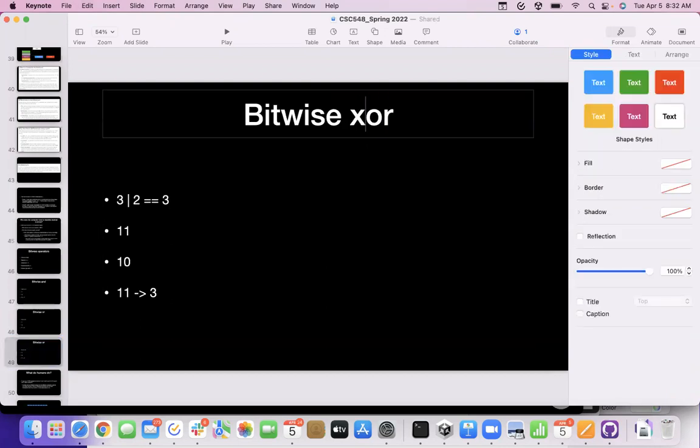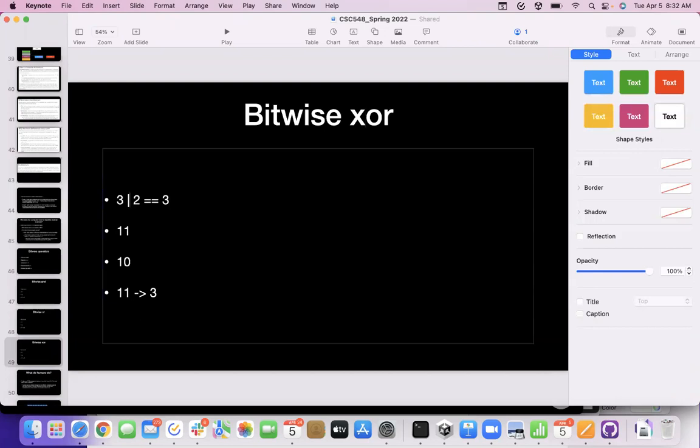A bitwise XOR or exclusive OR says one or the other, but not both. It's exclusive. So in order for an exclusive OR to be true, exactly one of the bits needs to be a 1.